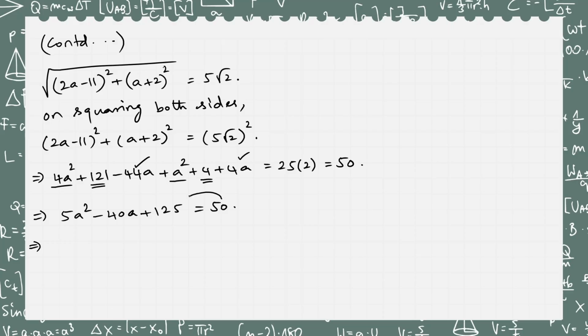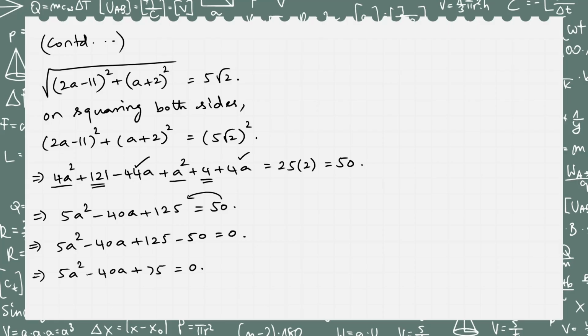Now bringing this 50 to the left side, we have 5a square minus 40a plus 125 minus 50 equals 0. That implies 5a square minus 40a plus 75 equals 0, right? 125 minus 50 is 75.